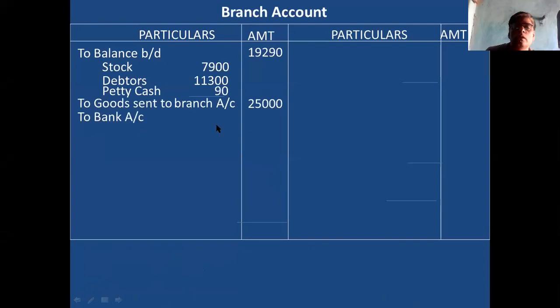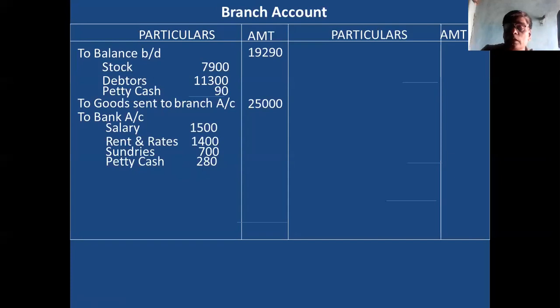Come to the third item, to bank. Under the to bank, it is the cash received from head office for expenses and petty cash. So salary 1,500 is there. Rent and rates 1,400 is there. Sundry 700. Petty cash separately given. Remember this. Petty cash separately given, you record in this head only.